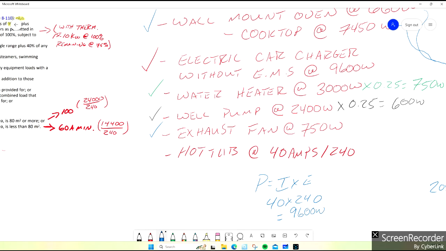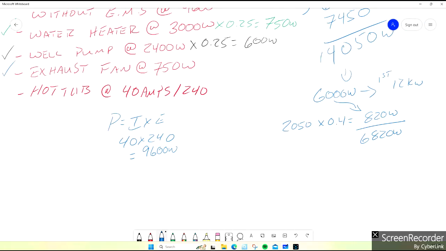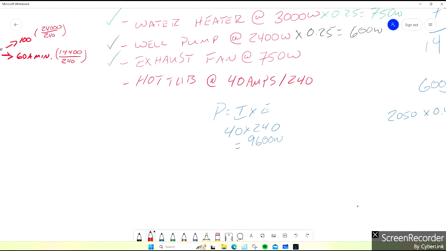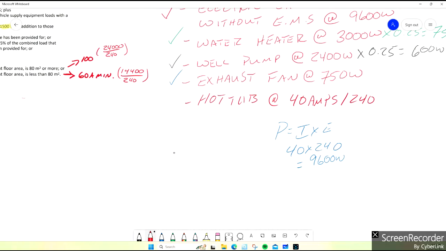So how do you apply this? Hot tub. I'm just going to separate the color. Let's go back to red. Hot tub. So think about a hot tub. What is it? It's hot, right? Why is it hot?